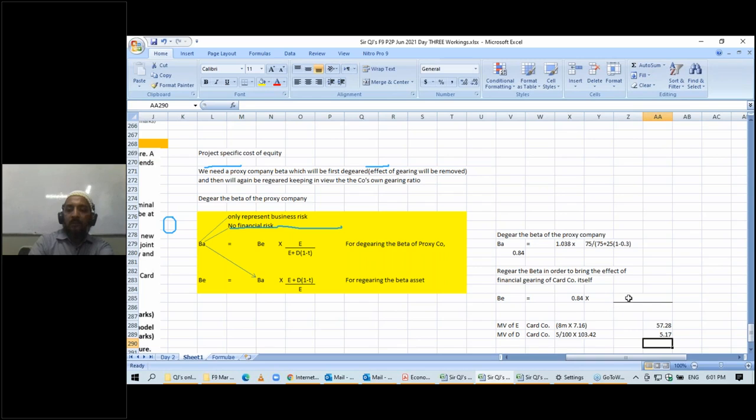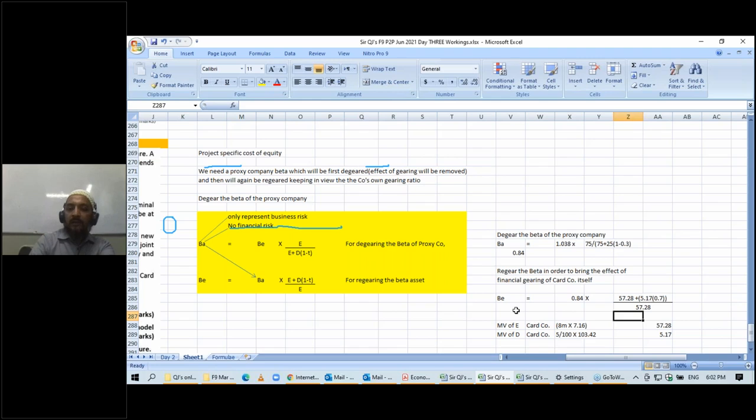Okay, so let's put in the values. The value of equity of the card company is 57.28, plus 5.17 multiplied by 0.7, which is 1 minus 0.3, and then divided by the value of equity, which is 57.28.